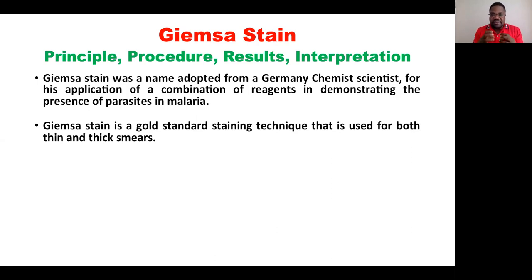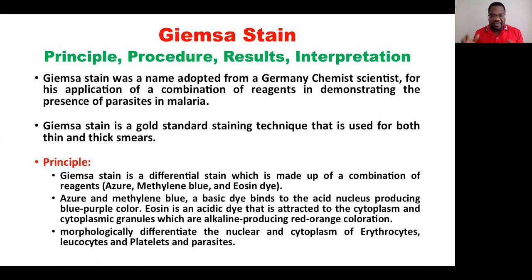So this Giemsa stain is a gold standard staining technique that is used whether you are testing a thin smear or a thick smear. Now, what is the principle of the Giemsa test? The Giemsa stain is a differential stain because it is able to differentiate different components of the blood, including the parasite, to show the presence of the parasite.